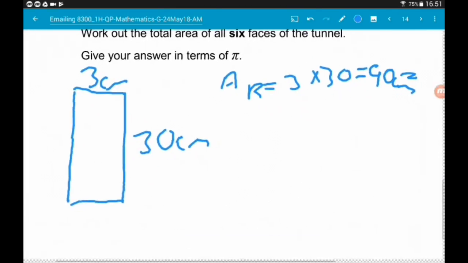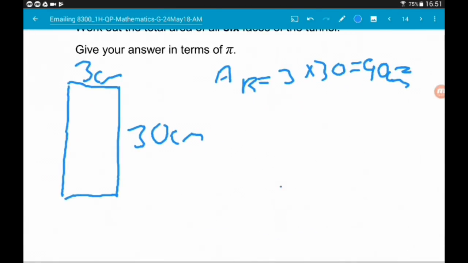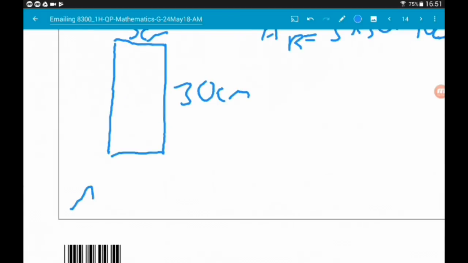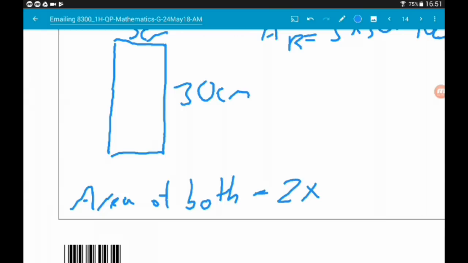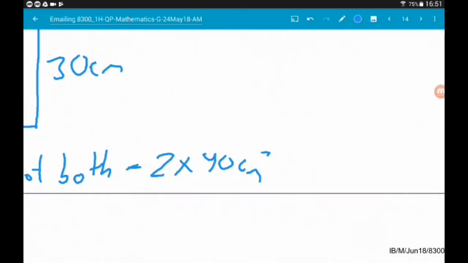So the area of both rectangles is 2 times 90 centimeters squared, which gives us 180 centimeters squared.